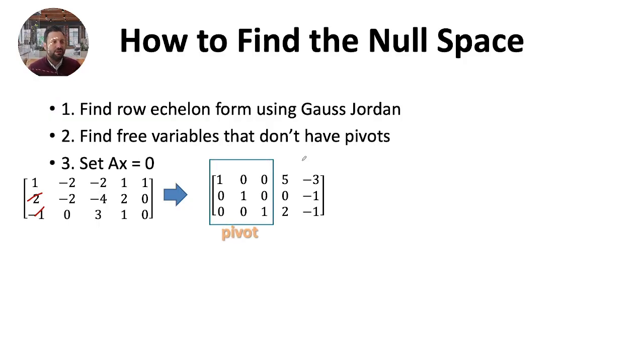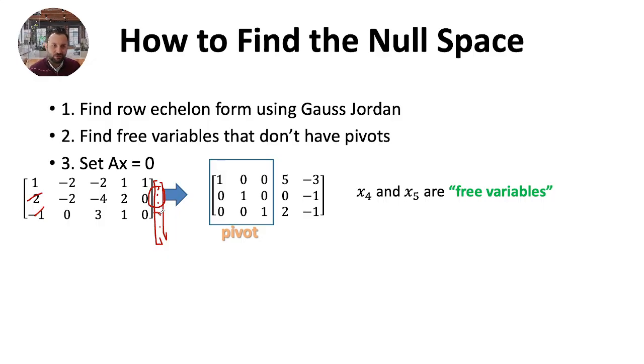So I know the first three columns are my pivots. In my inputs, remember, this is my matrix, and I put my input here: x1, x2, x3, x4, x5. When I do the matrix multiplication, the first three have the pivots, and the last two, x4 and x5, are my free variables.